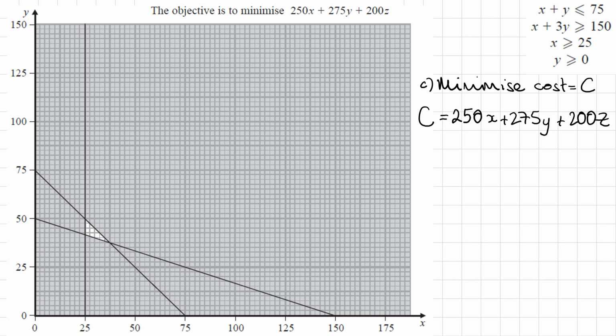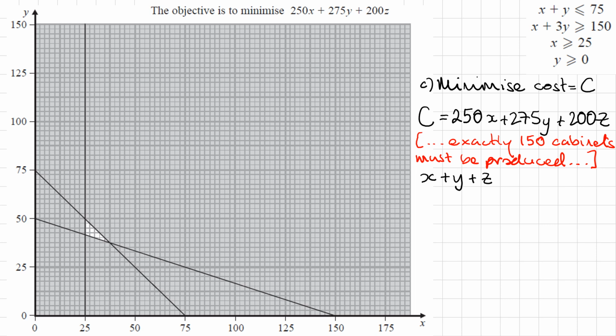Now this objective function needs to be defined in terms of x and y only, and we've got the variable z. We're told in this part of the question that exactly 150 cabinets must be produced. So the total number of cabinets x plus y plus z is equal to 150, and we can easily rearrange that to make z the subject.